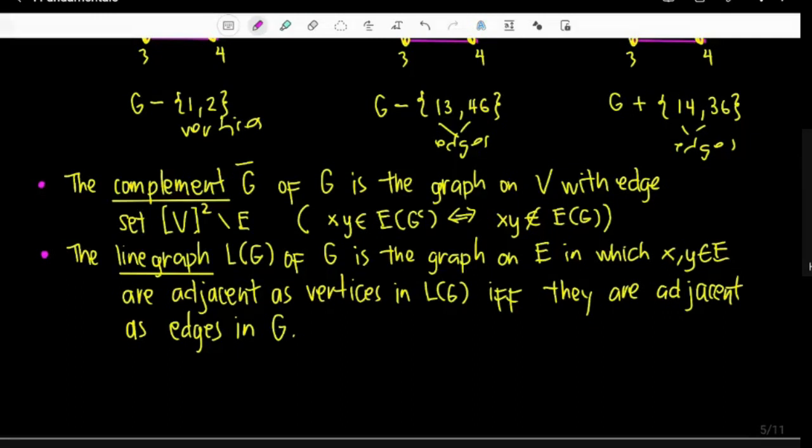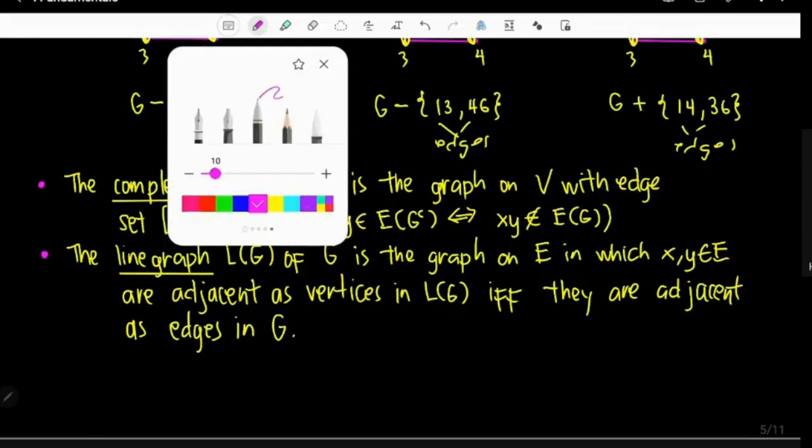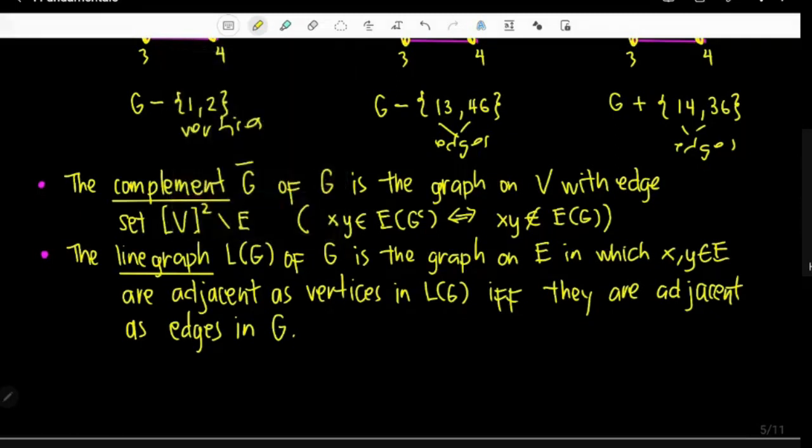Okay? Meaning, if XY is an edge in G, then XY is not an edge in G bar. Wait, this should be G bar. Mali yung aking notation. Let me erase this one and replace it with G bar.